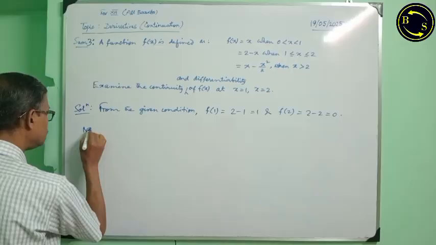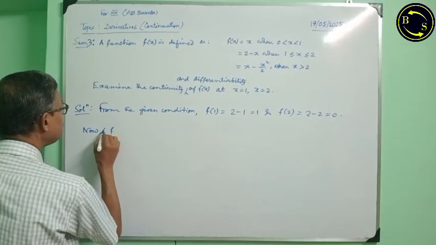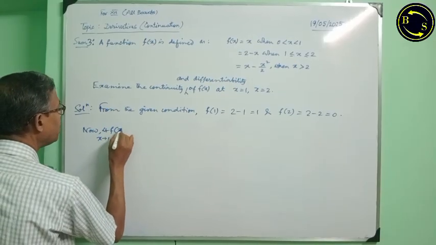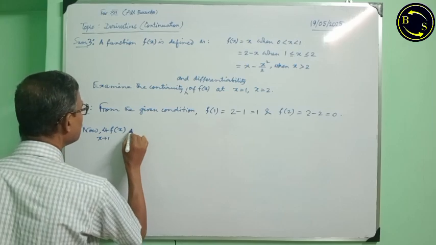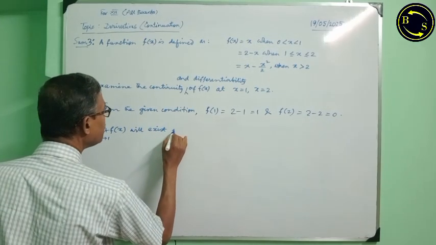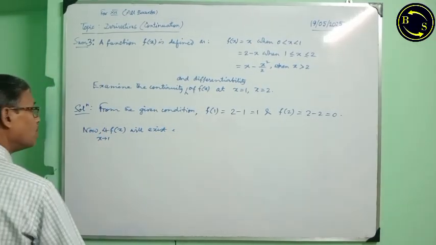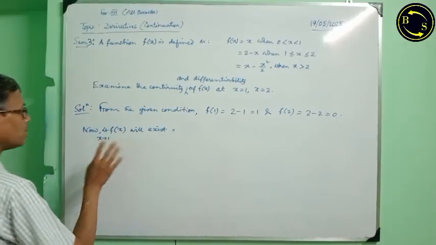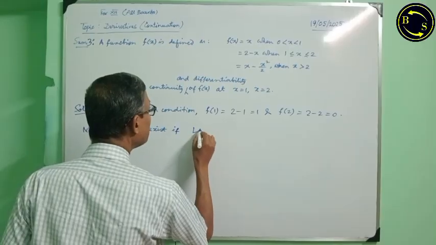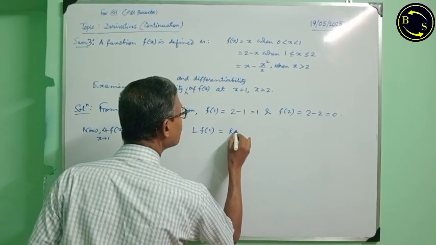Now, limit x tends to 1 of fx will exist if Lf1 is equal to Rf1.